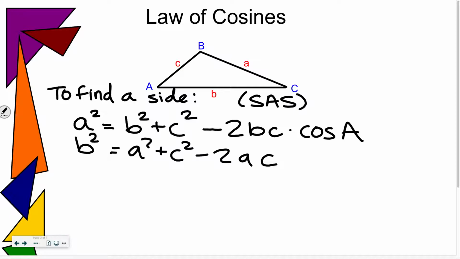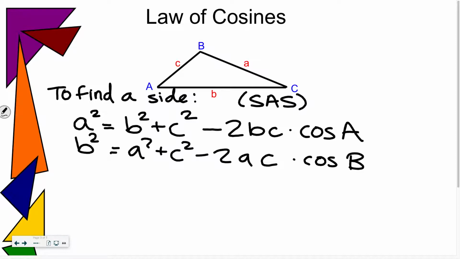So the included angle is always going to be the angle opposite the side you're trying to find. Side, angle, side. So where we had all the B's, we replaced them with A's. Now, on the test, I will give you the law of cosines.